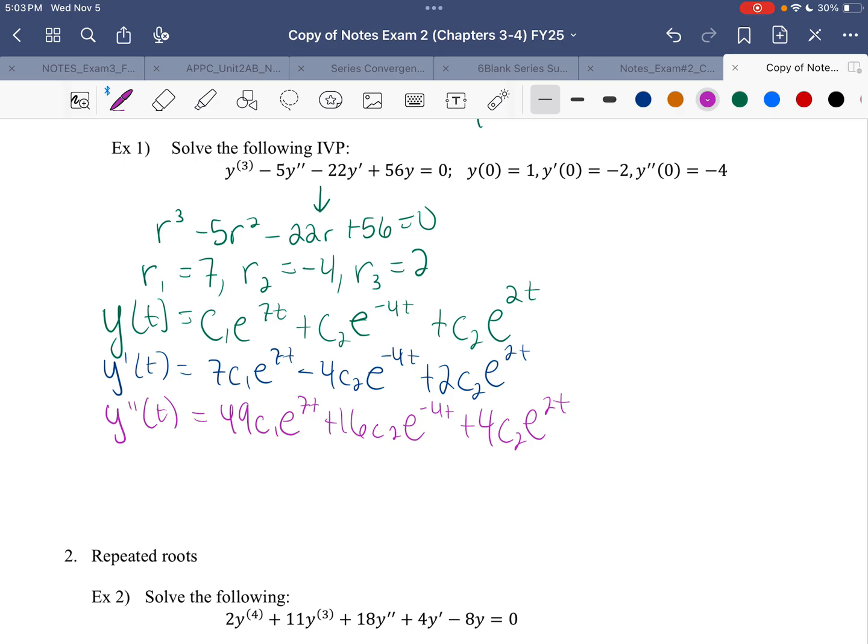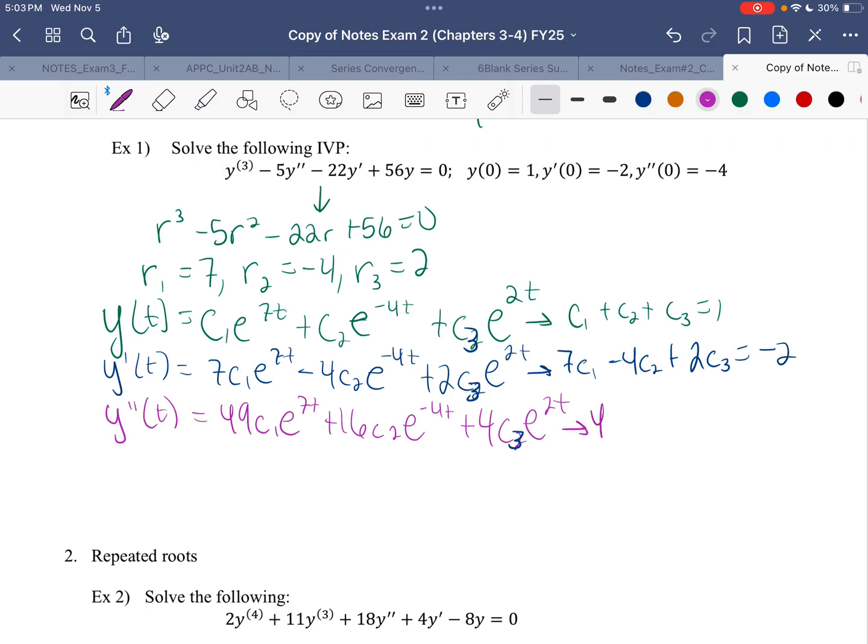So using our initial conditions first, plug in 0, set equal to 1. You're going to have C1 plus C2 plus C3 is equal to 1. Then plugging in 0, you're going to have 7C1 plus minus 4C2 plus, this is a 3, sorry, plus 2C3 is equal to negative 2.